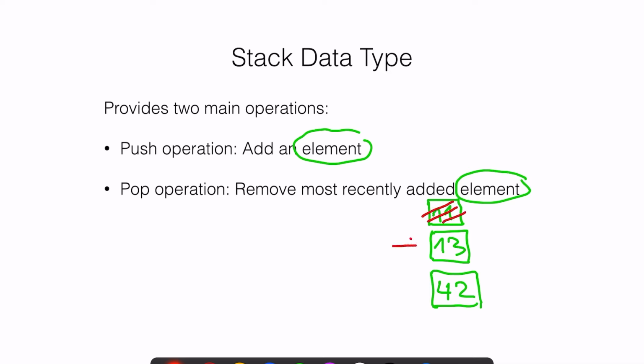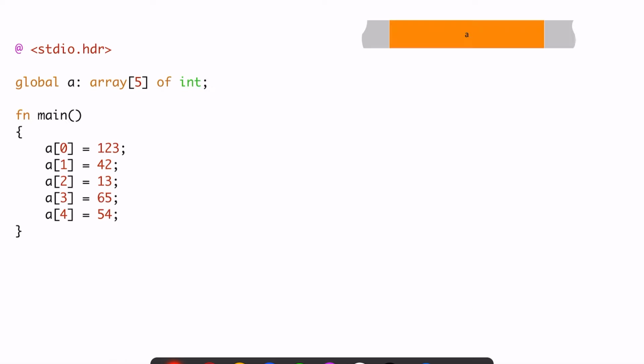And then the new element on top of the stack would be 13. If I would perform another pop operation, the stack would just contain the value 42. And if I would perform another pop operation, the stack would be empty again. So this in short describes how in the end you can use our stack implementation.